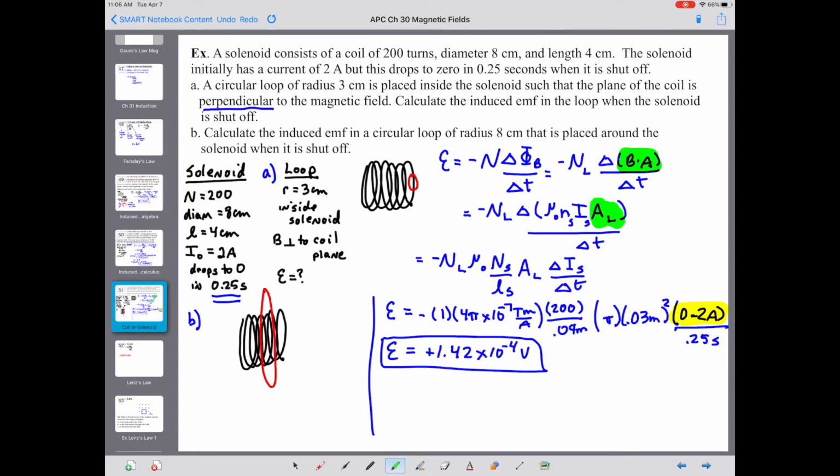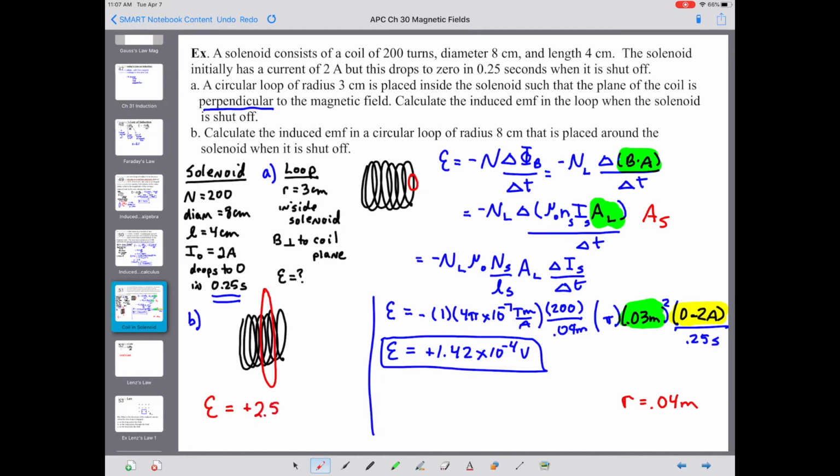So what's going to change is only that. Everything we have written in the long equation with numbers is the same, except right here. I'm going to write it way down here off to the side: the radius of the solenoid, because you need the area of the solenoid there, would be 0.04 meters.